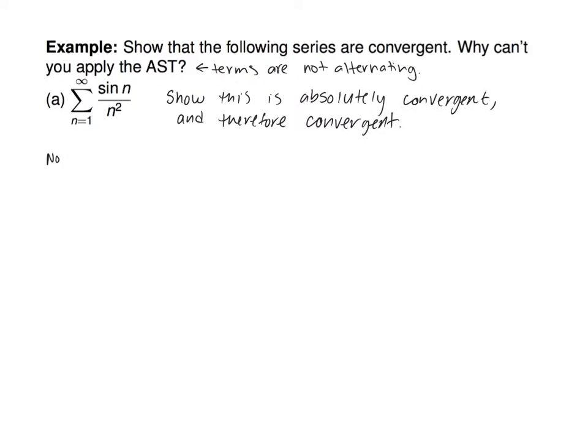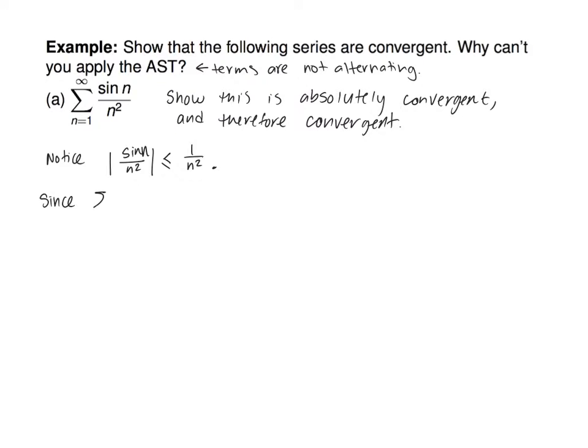So what you're going to notice is that the absolute value of sine n over n squared is less than or equal to 1 over n squared. So since I have this relationship going this direction, and if I absolute value get positive terms, what test do you think you're going to use? Direct comparison, yep.